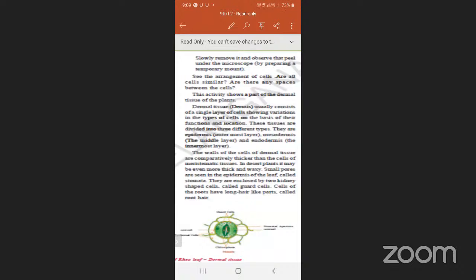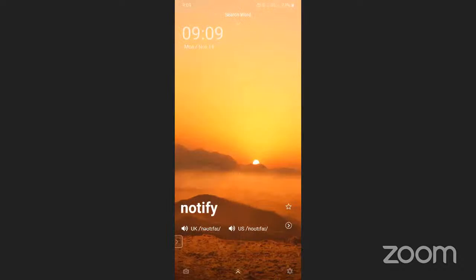These tissues are divided into three different types. What are they? One is epidermis, second is mesodermis, and the third is endodermis. Epi, meso, endo.